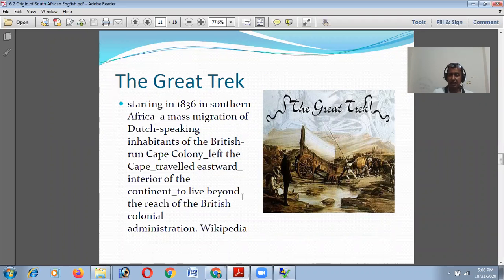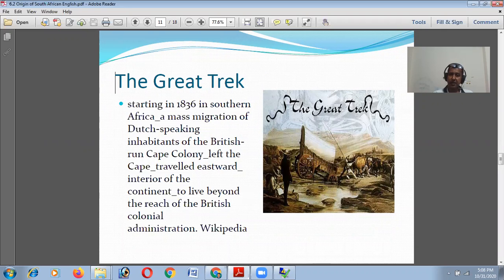the British-run Cape Colony. They left Cape Town and traveled eastward, into the interior of the continent, to live beyond the reach of the British colonial administration. In 1836, as you see in the picture, many people left this area, which was occupied by the British colonial power.